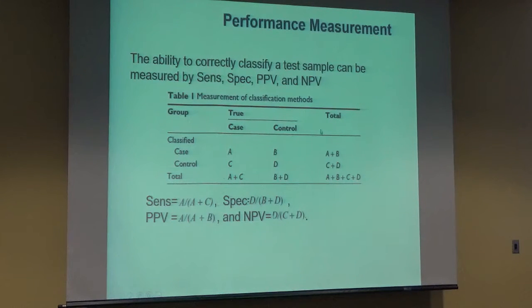I think you should always put this in, just a tutorial kind of thing. You put in what you know and then predict. This one gives you sensitivity, this one gives the specificity, this one leads to the PPV, and this one leads to NPV.